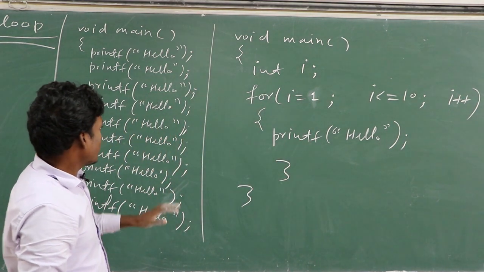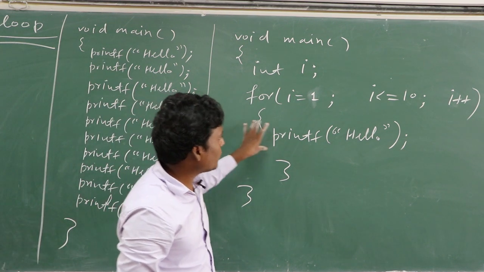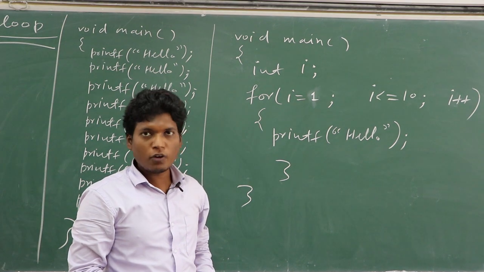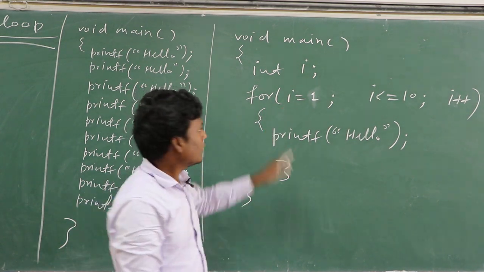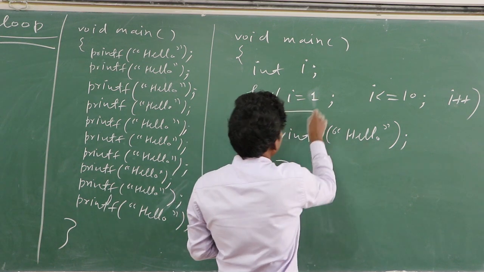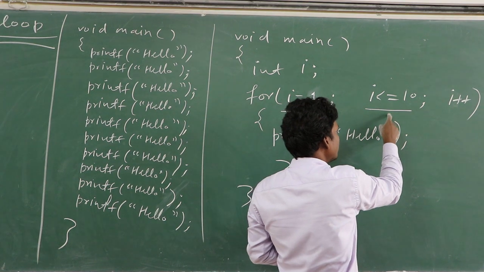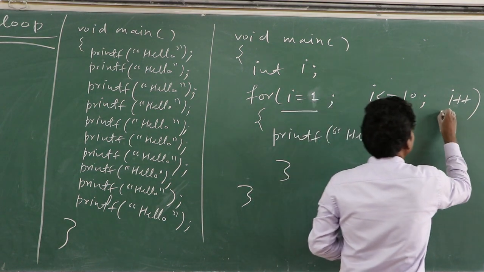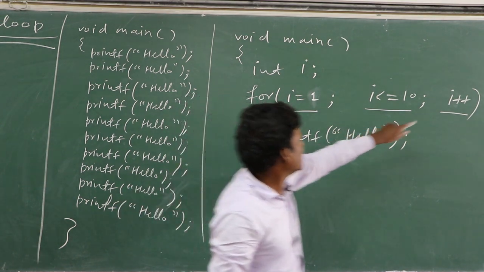So class, in this program hello is printed 10 times, and in this program hello is also printed 10 times using the for loop. How does for loop work? In for loop there are 3 sections. This section is used for initialization, this condition is tested each time, and this is the increment or decrement. So in this case this is the increment.